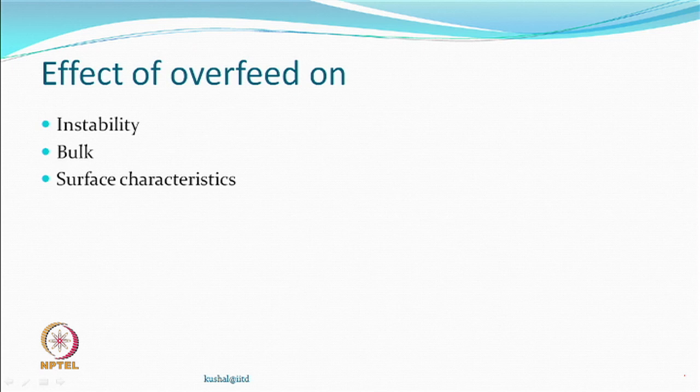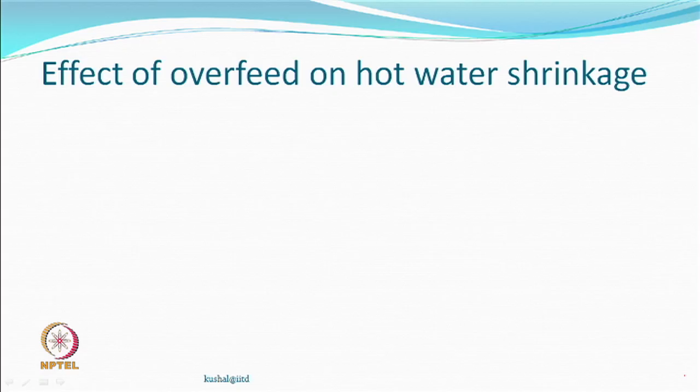And we found that from the point of view of surface characteristics, the size of the loops as well as the core diameter and the number of loops formed change with the increase in overfeed, as expected, and that would have a consequent effect on instability and bulk. So, they are in a way related. So, the effect of overfeed on hot water shrinkage.